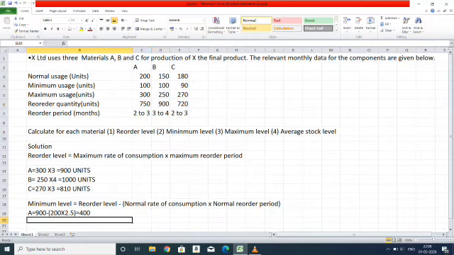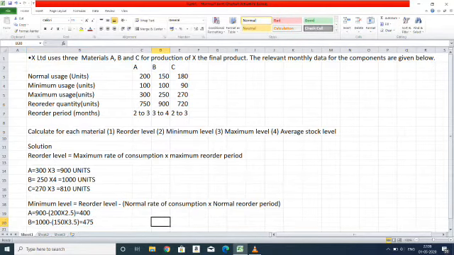Then in case of B, the reorder level 1000 minus normal rate of consumption 150 into normal reorder period 3.5, that is equal to 475.